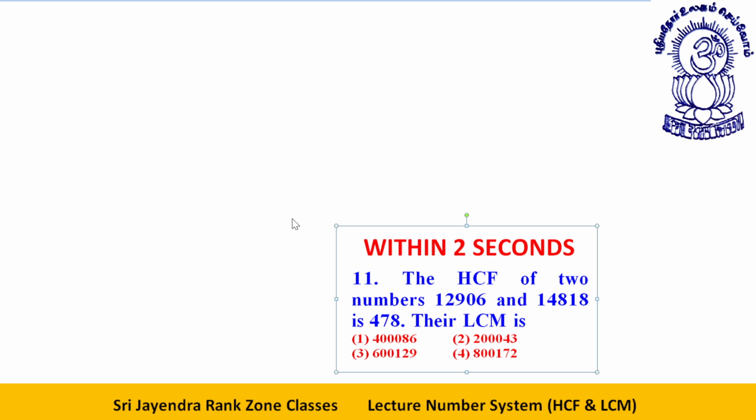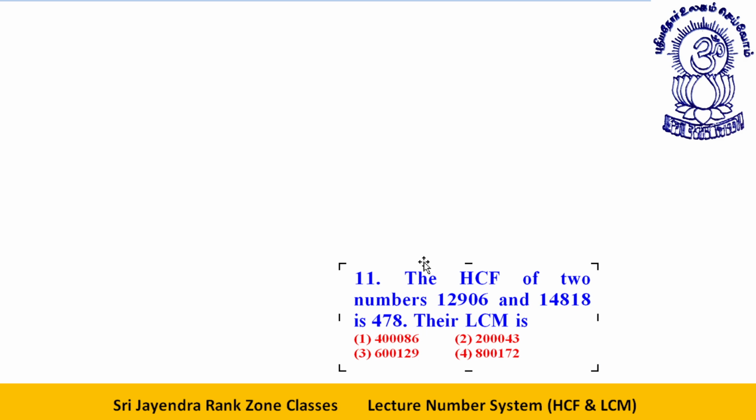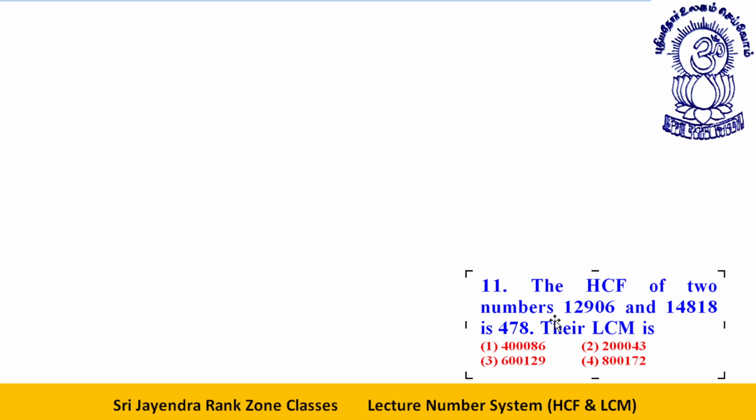The product of two numbers is this. Their LCM is, the HCF of two numbers 12906 and 14818 is 478. Their LCM is, see, we are given the two numbers. A is given to us as 12906. B is given to us as 14818.